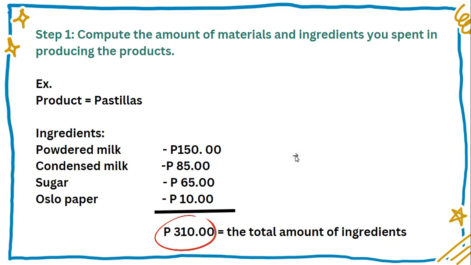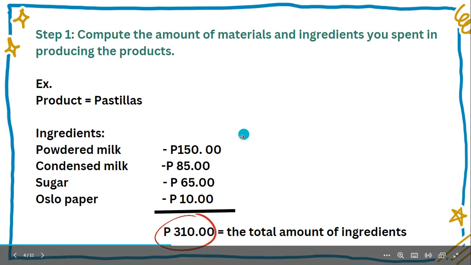The main ingredients are powdered milk for 150 pesos, condensed milk for 85 pesos, sugar for 65 pesos, and Oslo paper 10 pesos because we're going to use Oslo paper as a wrapper for the pastillas. If we add all of them, it equals 310 pesos. That is the total amount of ingredients.